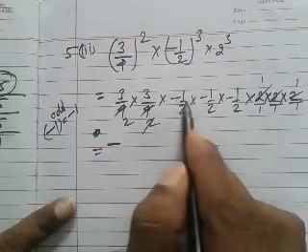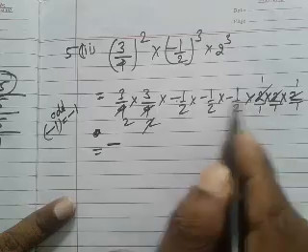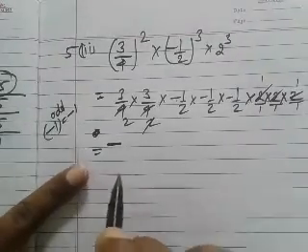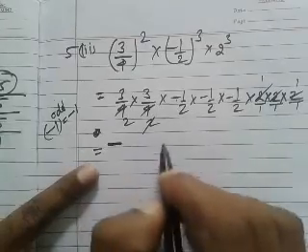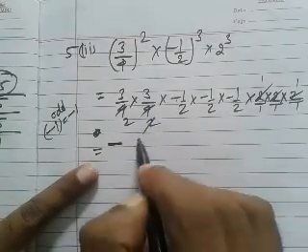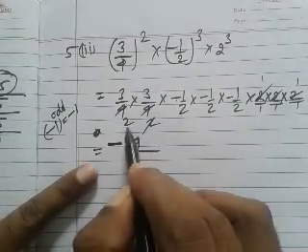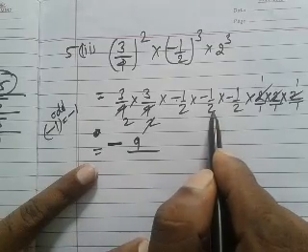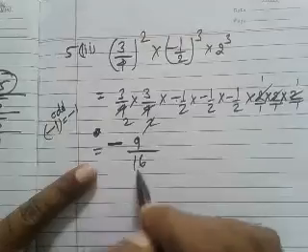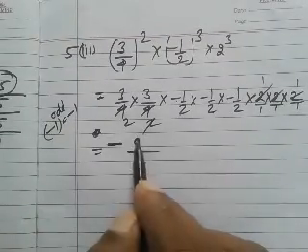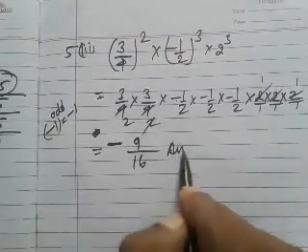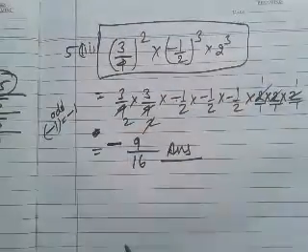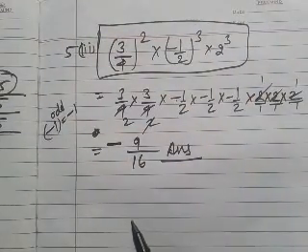So minus is repeated 3 times in multiplication, so we will get minus 1 in our answer. So 3 3s are 9, and 2 2s are 4, 4 2s are 8, and 8 2s are 16. So minus 9 upon 16 is the value of the given expression, and so on.